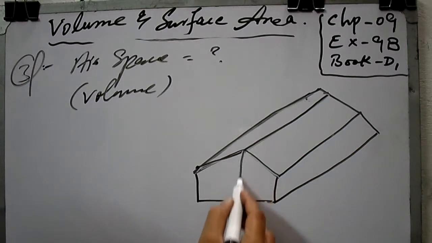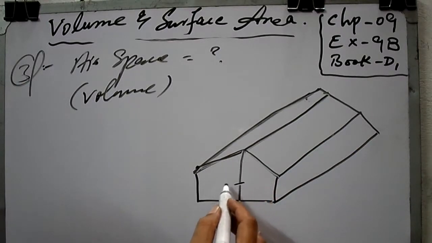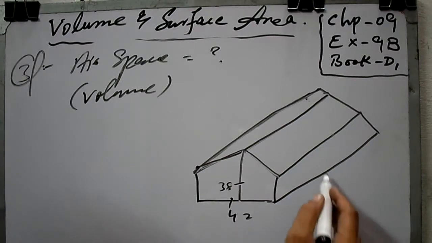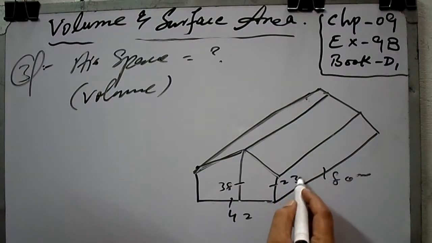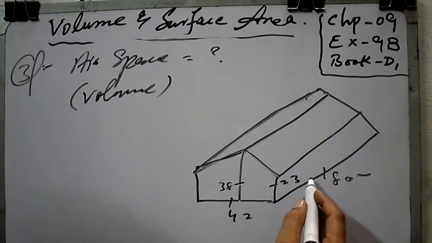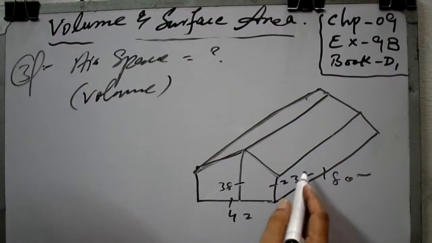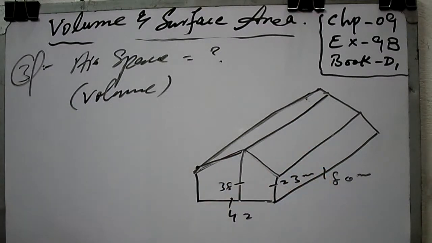The height is 38, and this one is 42. This one is 80 meter, and this one is 23 meter. So that is your given diagram like this.